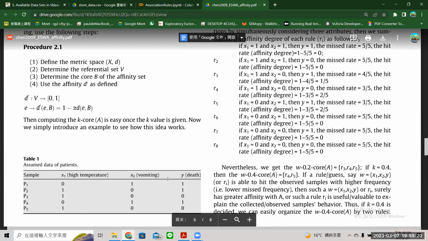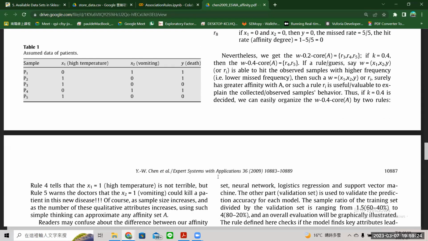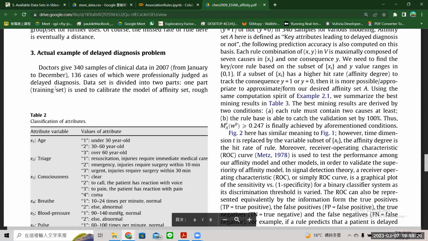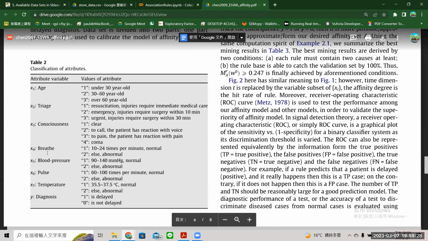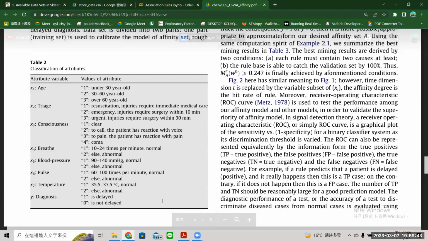So actually I use this data mining, and I collect the causes. You see, this is the consequence, and these are causes. So I collect age, triage, consciousness, blood pressure. These causes are suggested by the doctor.